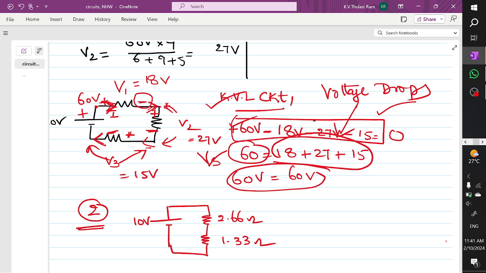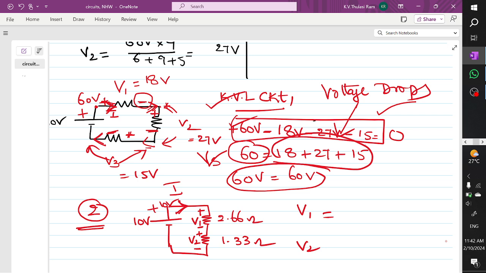So now we need to find V1 across this one and V2 across this resistor. Already we know that the current is flowing like this. Whenever the current is flowing, the entering terminal is positive, the leaving terminal is negative. So let's apply the voltage division rule to find V1 and V2.